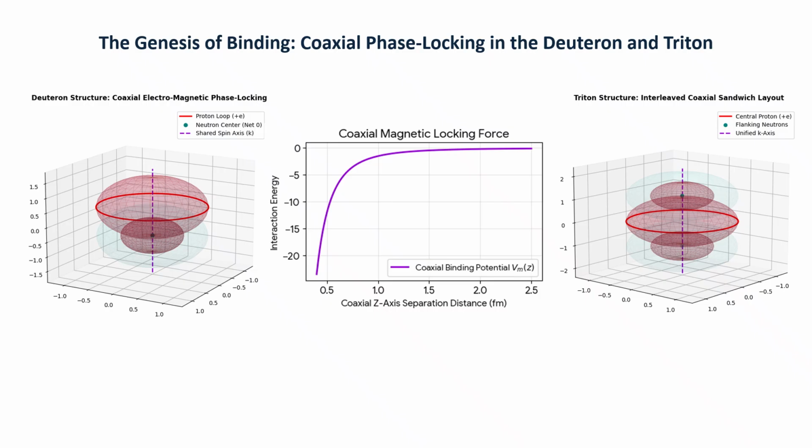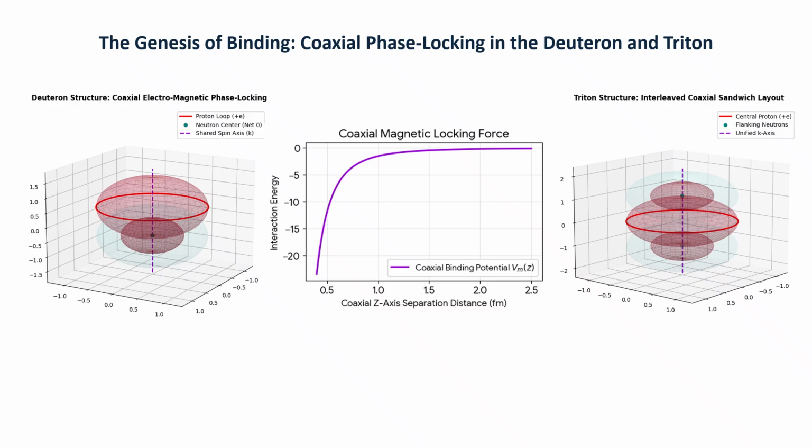We have a proton on top, a proton loop, sort of to say, with a net charge of +1, plus the electron charge, but in its proton manifestation, I would say.